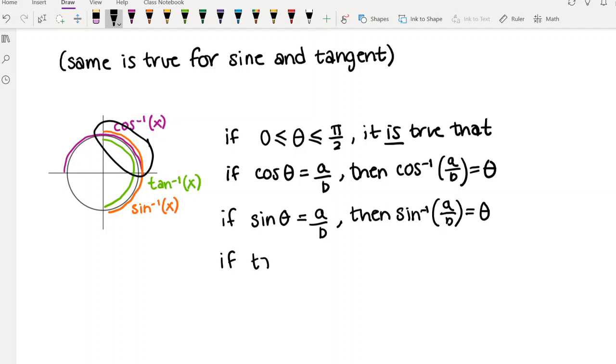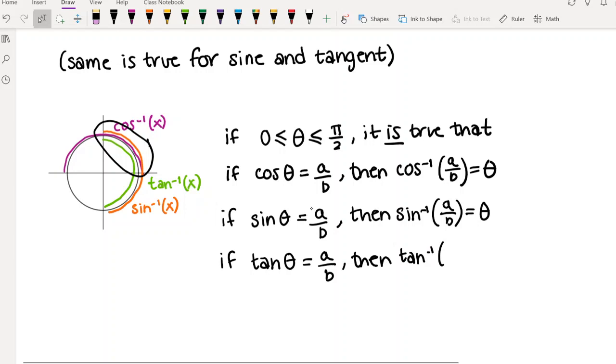If you know for sure that tangent of an angle is a particular number, and it doesn't have to be a fraction, I'm just writing it that way because often they come out to be, but I could have said a different number like n, then inverse tangent of that same number is also going to be theta. So basically, if you have an angle between 0 and 90, things work out nicely. You don't have to worry about the angle that you started with not matching up with the angle that you get by using inverse trig.